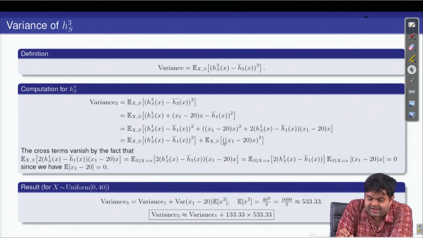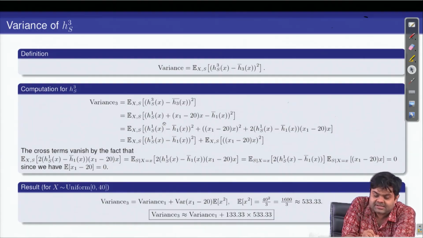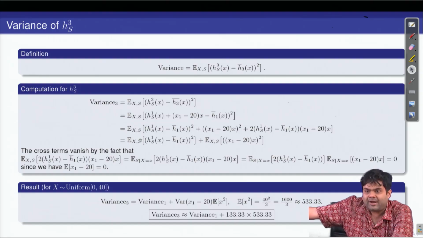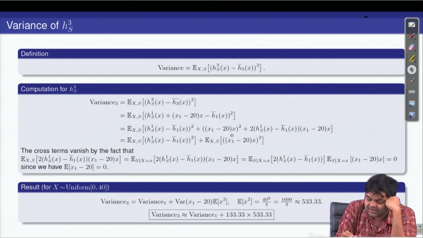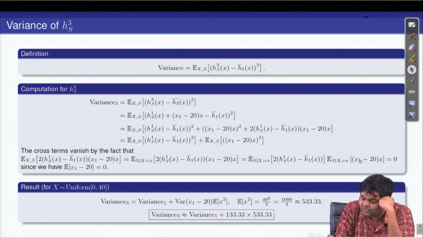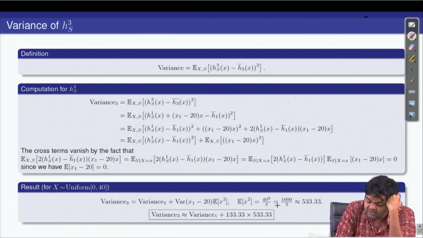Once you take care of the covariance term, because x1 minus 20 is coming from the first data point in the sample, and these things are coming from the second to nth data point, it's an IID sample. So they split out. Now you take the expectation of this fixing x, x comes out, and you take the variance of this. So this essentially becomes the variance of x1 minus 20 times the expected value of x squared.